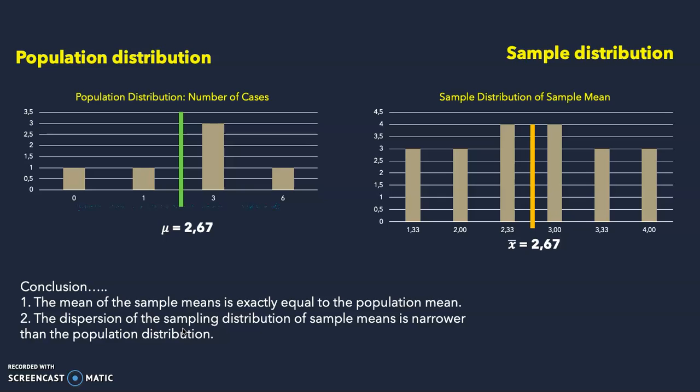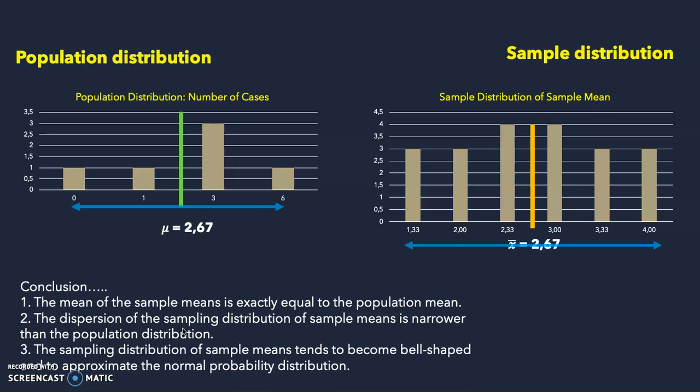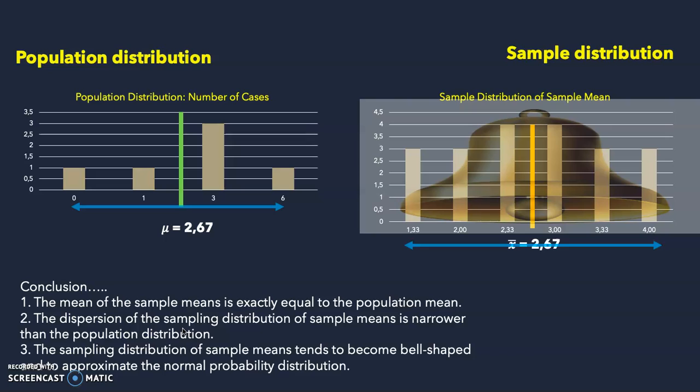You can see here that the population distribution has a range between 0 and 6, which has a wider dispersion compared with the sample distribution with a range between 1.33 to 4. Thus, the sampling distribution of sample mean tends to become bell-shaped and to approximate the normal probability distribution, while our population distribution is skewed to the left.